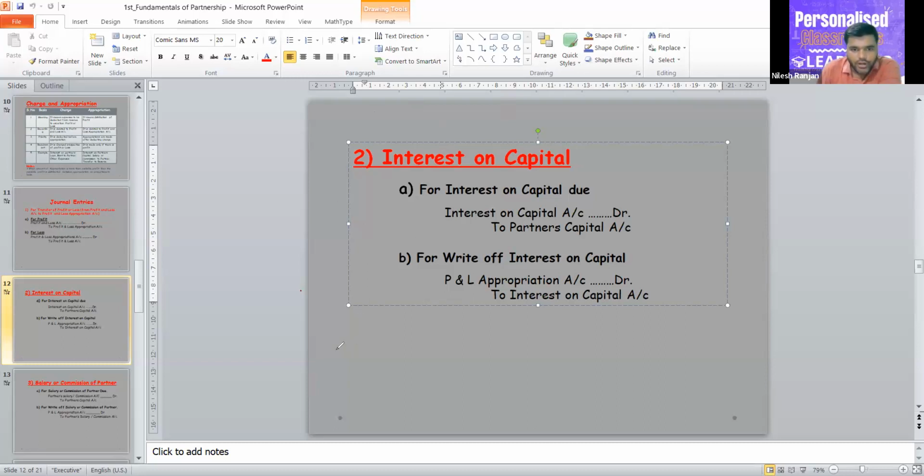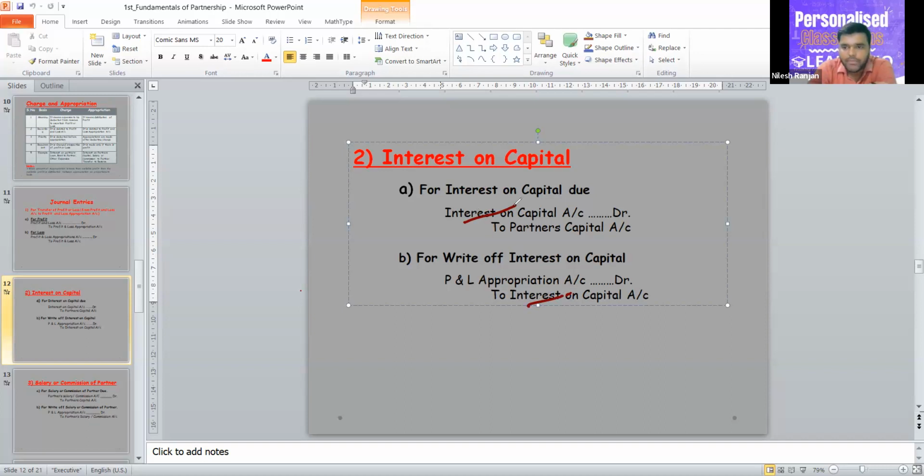If you have to combine two entries, then you have to see that there is a common account in both entries. Is there any common account in both of the entries? Interest on capital. So in the debit side, interest on capital, in the credit side, interest on capital, so we can remove this. Because it is like plus or minus.